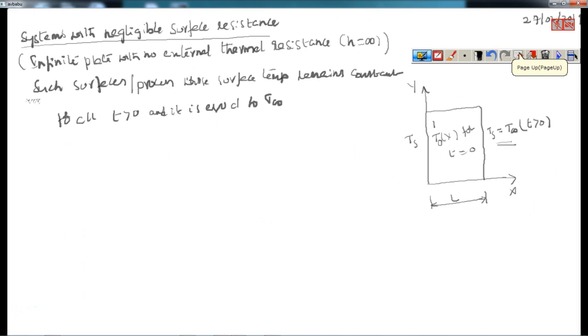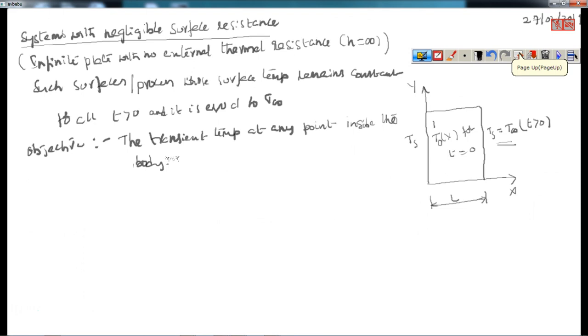Now our objective is the determination of the transient temperature at any point inside the body of a system, at any instant of time.